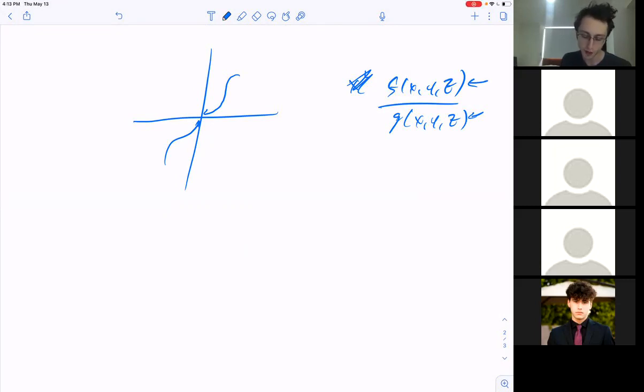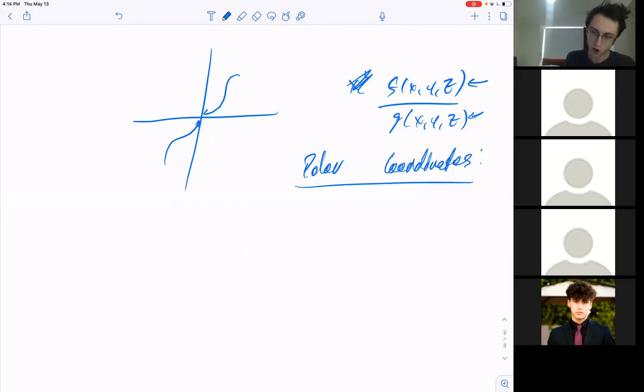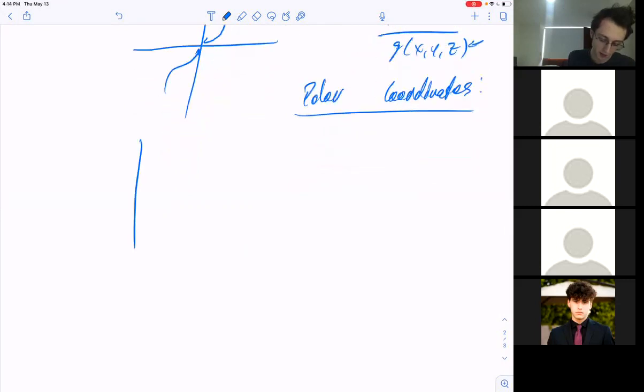The other good method for determining when limits don't exist is to use polar coordinates, okay? Polar coordinates are not 100%, but the reason they're a good method is because they allow you to quickly check all linear approaches to the origin.